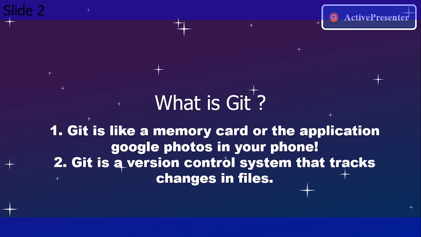For a more formal definition, Git is a version control system that tracks changes in files. Maybe you are working on some code. Today you coded hello world, but tomorrow you decide that you're already advanced, so you don't want to do hello world again.